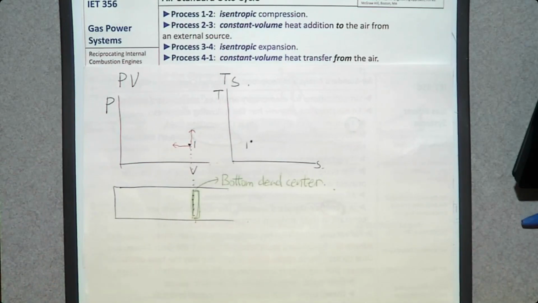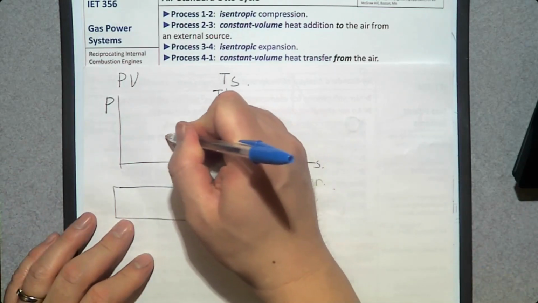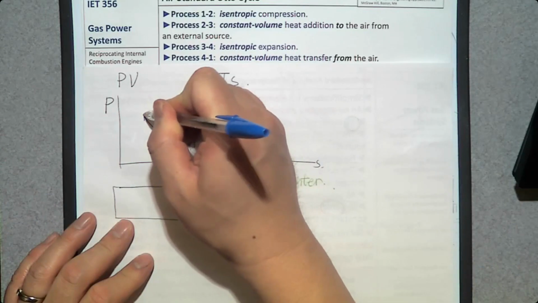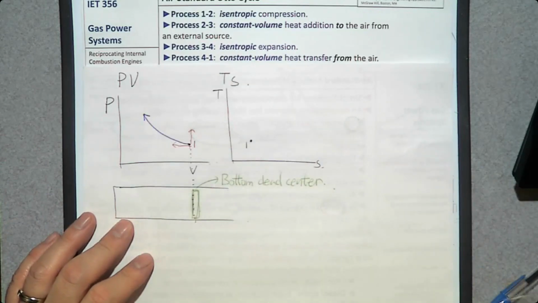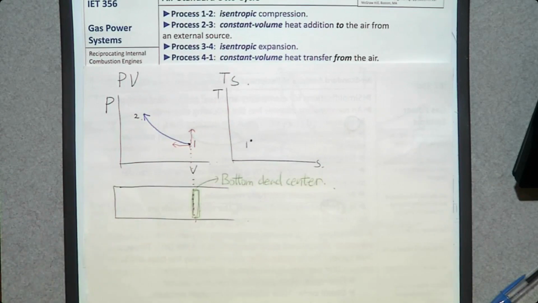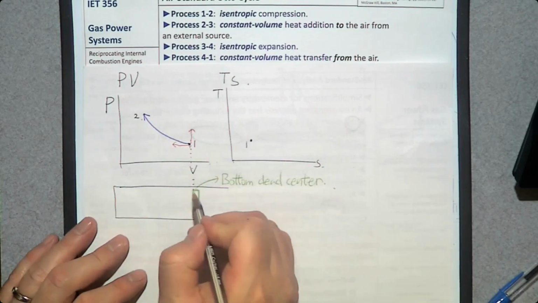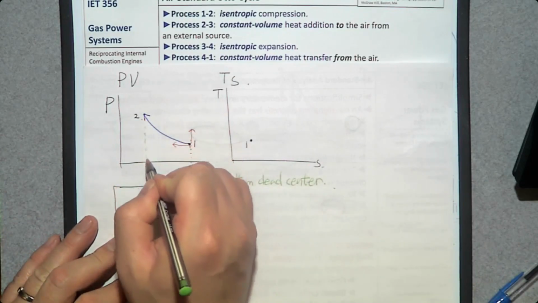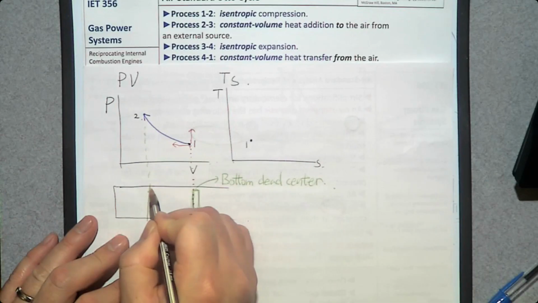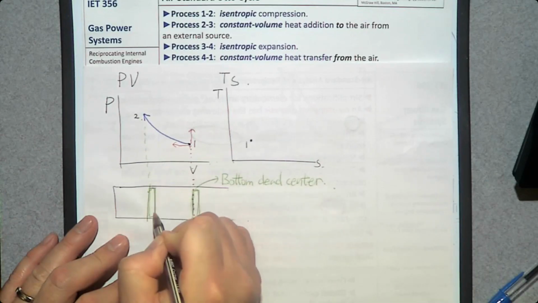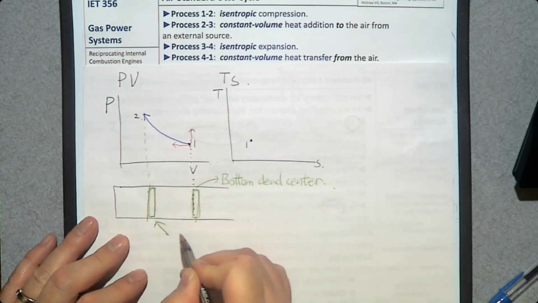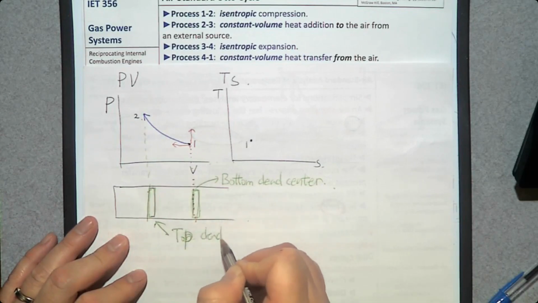So process 1 to 2 looks like this. So there is state number 2. So this is isentropic compression, moving this piston from here to the top dead center.